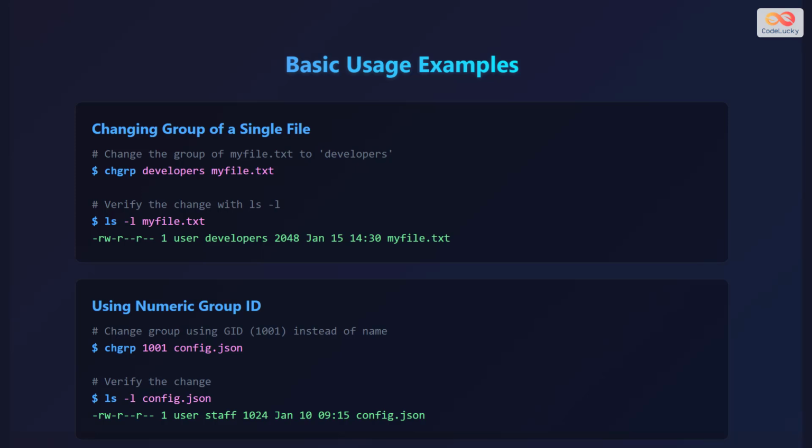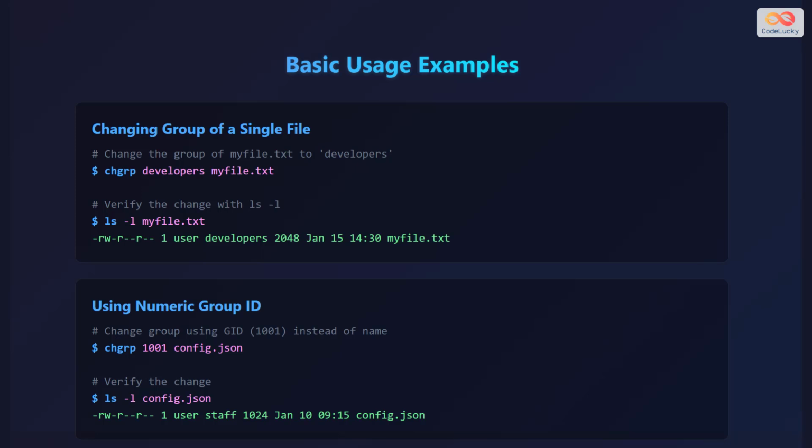Let's explore some basic examples of how to use the chgrp command. To change the group of a single file, such as myfile.txt, to the developers group, you would enter the command chgrp developers myfile.txt. After executing this command, it's important to verify the change.